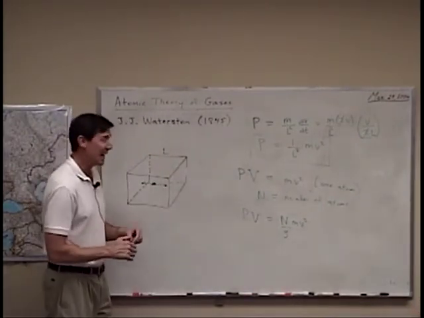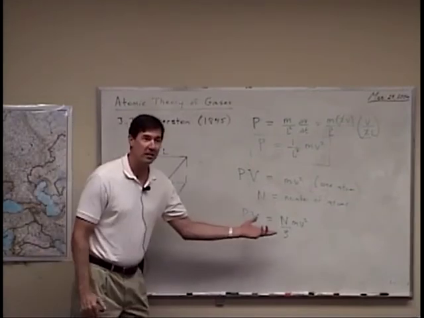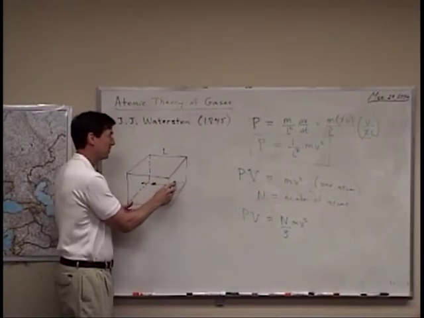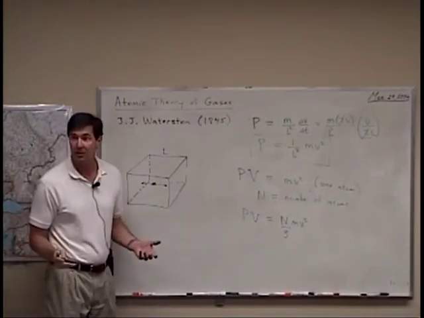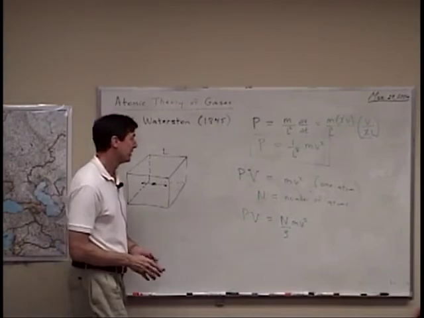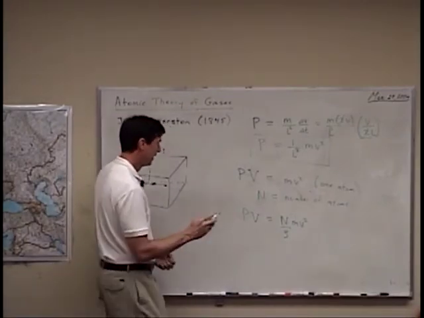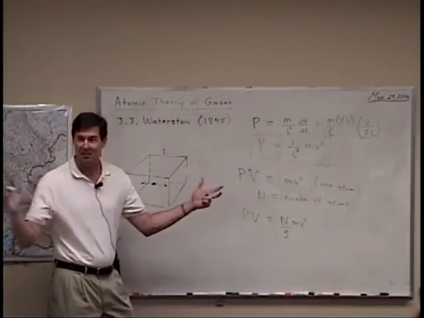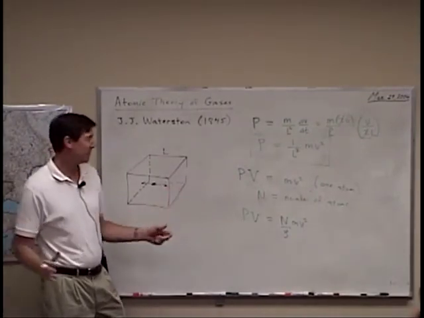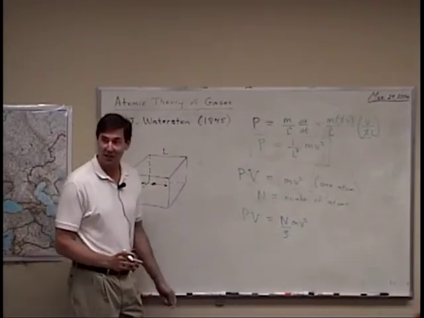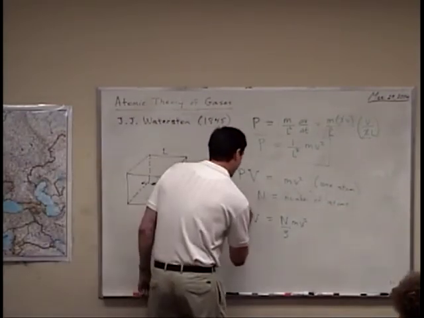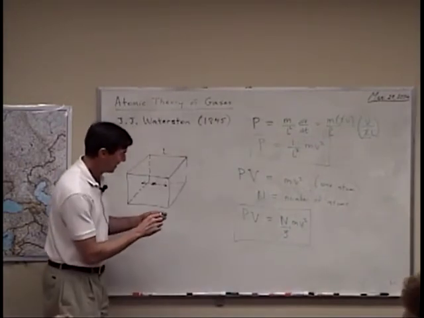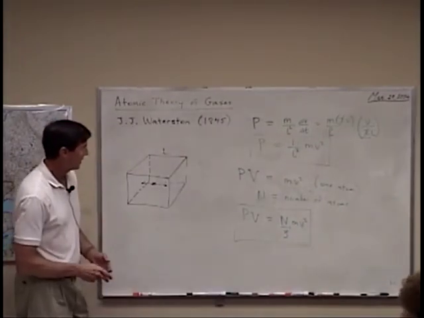Because on average, only a third of the atoms are going in the direction to bounce off a given wall. So all we had to do was divide by 3 in order to get the result for all these millions of atoms after we analyzed the effect of the one atom. So this is the equation I was going for.